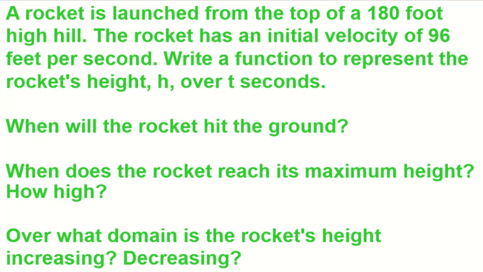This time we got a rocket. Rockets go a little faster. So first thing, just like the other one, we need the function. Who can tell me what function to use for this one? We got a rocket at the top of a 180-foot high hill. Has initial velocity of 96.